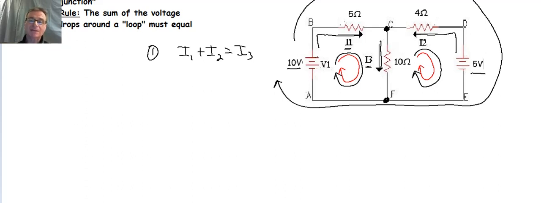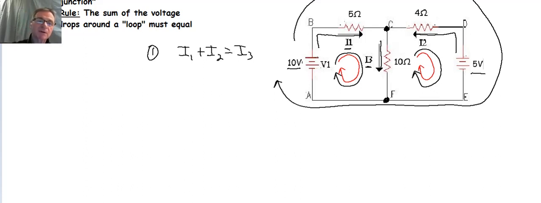I want to be consistent in what I do, and it just makes it easier that way. So I've got my analysis direction for the loop on the left-hand side and the loop on the right-hand side, and those are the two loops I'm going to use. And I have my current direction, so I have my first equation as well.